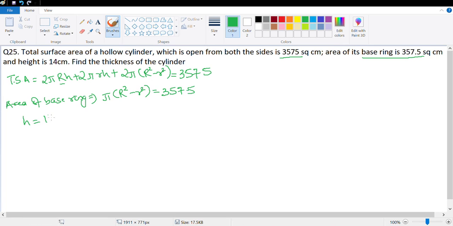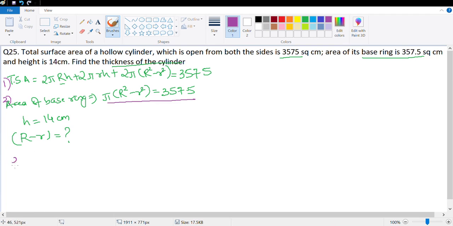H is equal to 14 centimeter. What we have to calculate is the thickness of the cylinder. So the thickness of the cylinder would be R minus r, and this is what we have to calculate. Okay, so let's use the second step to calculate the value of R square minus r square.